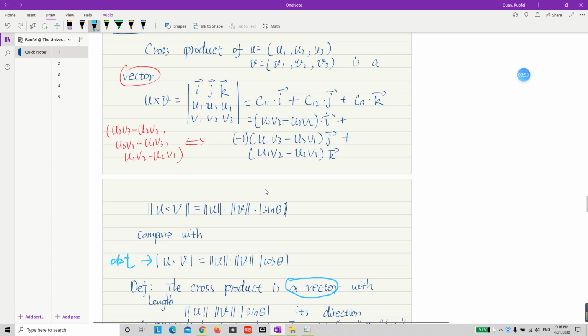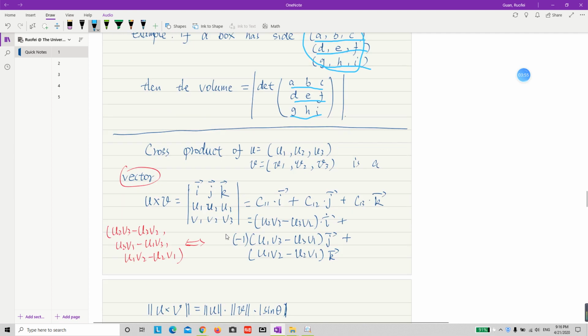And here is the formula. If you have the coordinates of u and the coordinates of v, then you can get the coordinates of u cross v by this formula. This is the determinant with rows i, j, k; u1, u2, u3; v1, v2, v3, and you can expand this determinant by the first row.